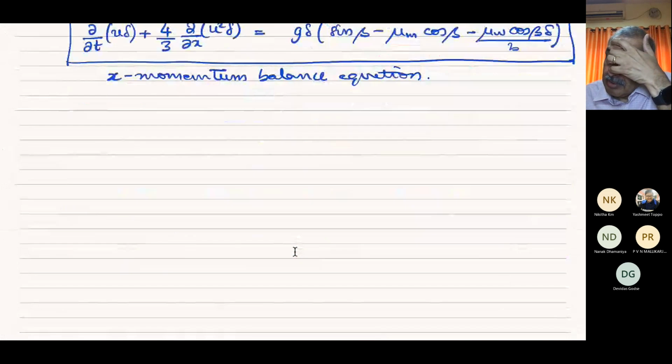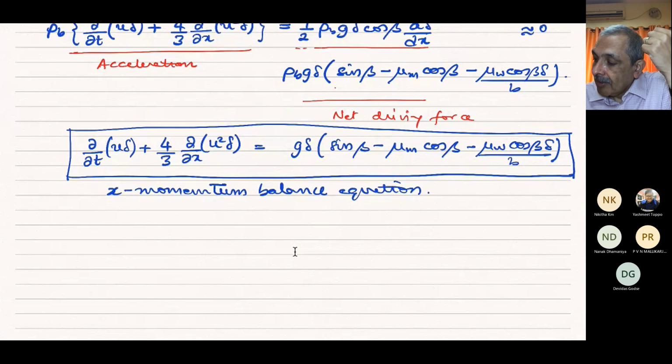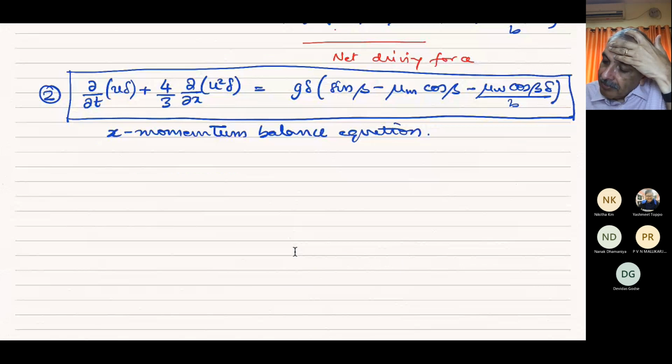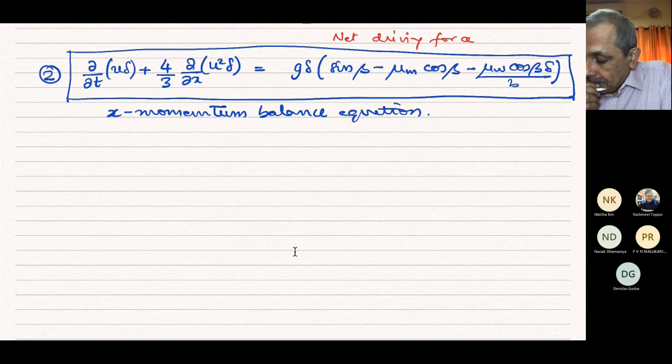And it turns out yes, but you have to then solve the continuity equation. So with these two equations, if we call this equation as 1 and this as 2, then together with these two equations we can easily get both u and delta, but we need the continuity equation to get the deposition rate and the erosion rate.